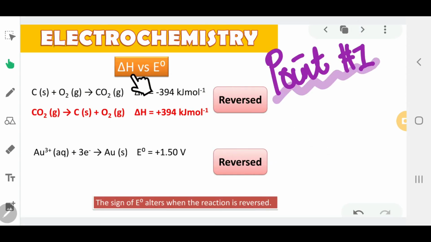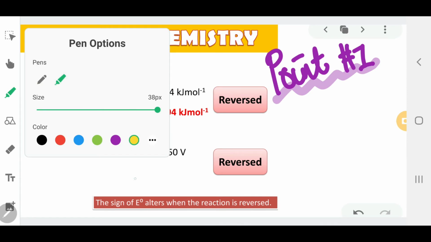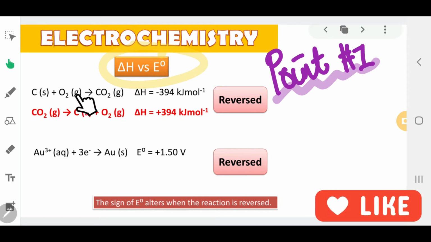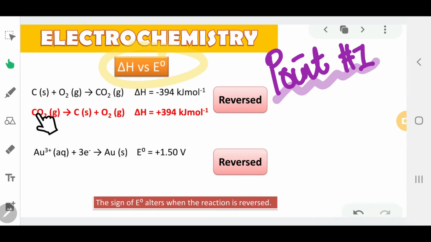Number one, if you compare with the enthalpy, if you have a reaction and you reverse it, from C plus O2 making CO2, to CO2 making C plus O2, you can see that the delta H value will change sign when you reverse that.